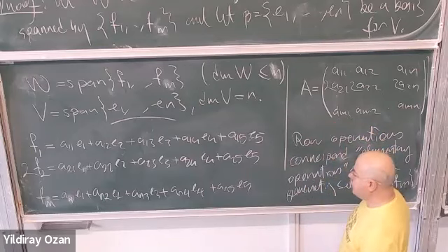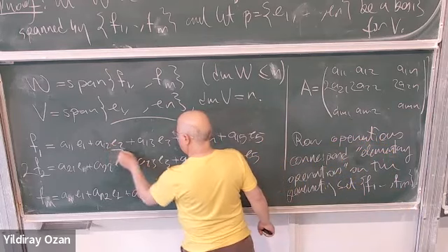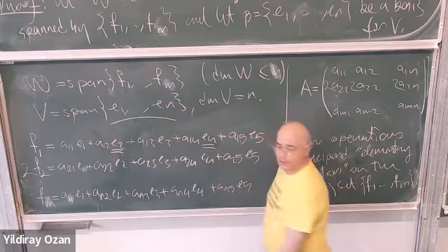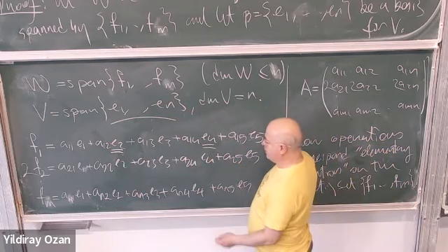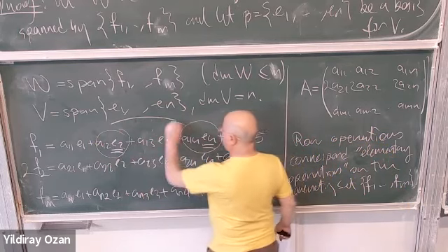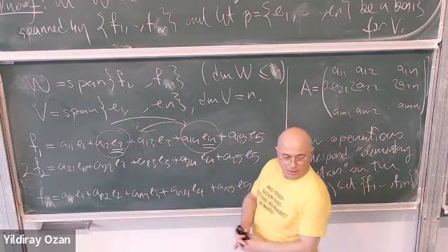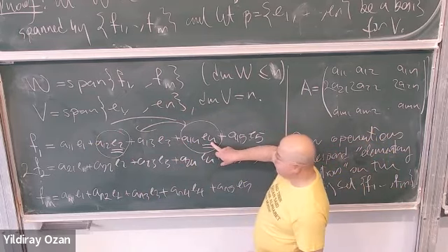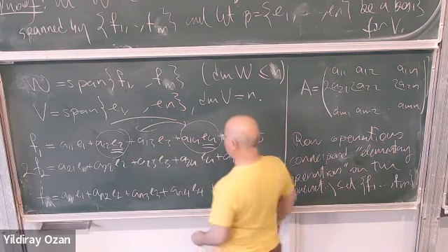Now I interchange the second and the fourth basis elements. Well, what happens? I have to just take this term and interchange them, right? I will consider this as my second basis element. So it will correspond to what?